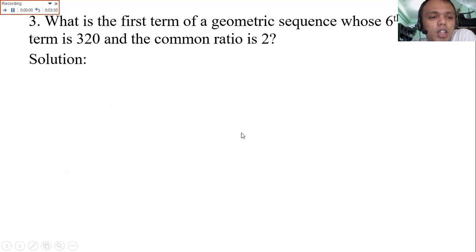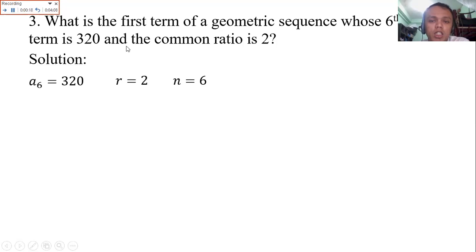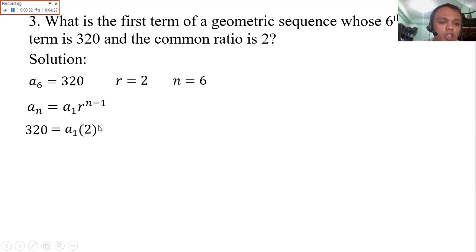Another one. What is the first term of a geometric sequence whose sixth term is 320 and the common ratio is 2? This time, the missing one is the first term. Your a sub 6 is 320, your r is 2, your n is 6 since we are at the 6th term. Substitute: 320 is equal to a sub 1, which is unknown, times r, which is 2, raised to n, 6 minus 1. 2 raised to 5 means we multiply 2 five times by itself, which is 32.